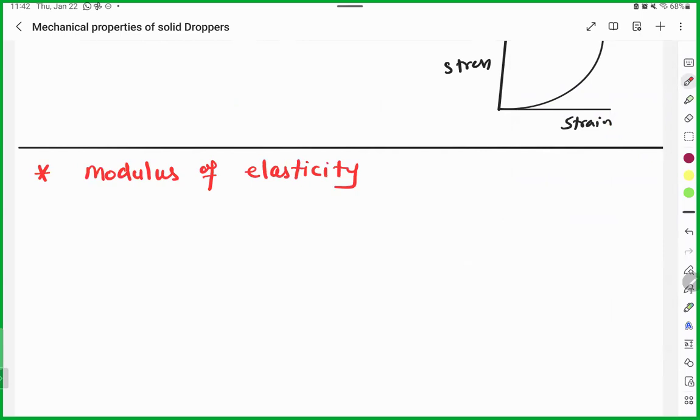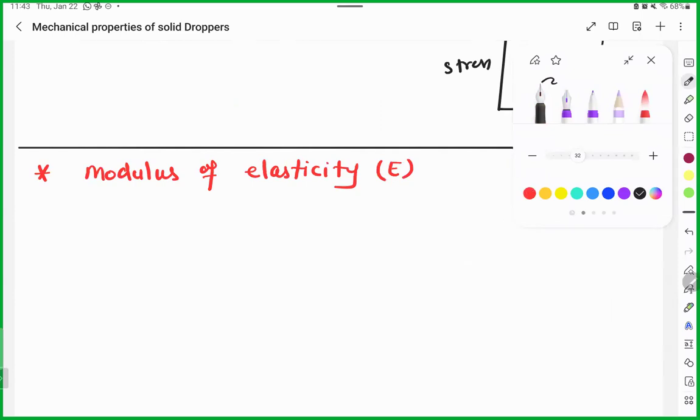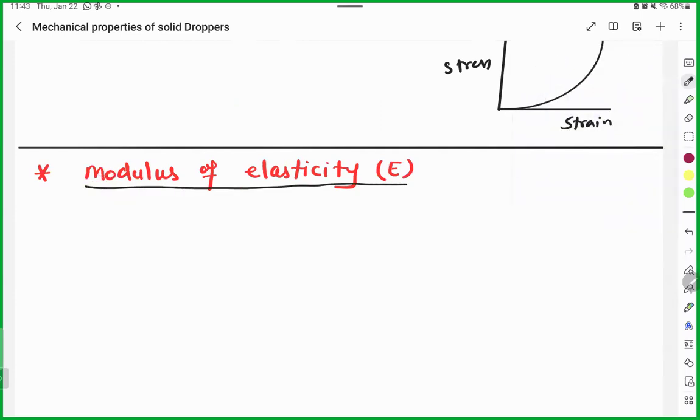Anvita, what is this modulus of elasticity? I don't remember the exact thing. So this is stress by strain. Stress by strain.